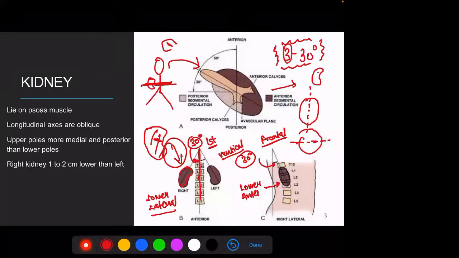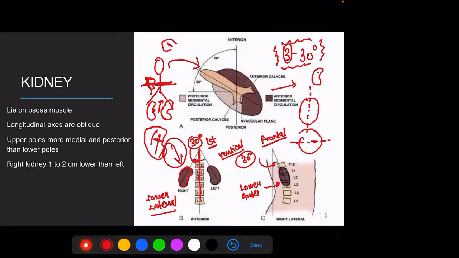Assume that somebody touched the kidney from the lateral side and pushed it, so the kidney is rotated posteriorly from the lateral side. Assume you are standing and somebody touches you from your right shoulder, so you turn towards the right. A similar thing happens with the kidney also.